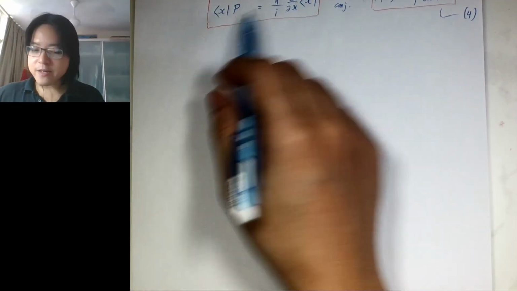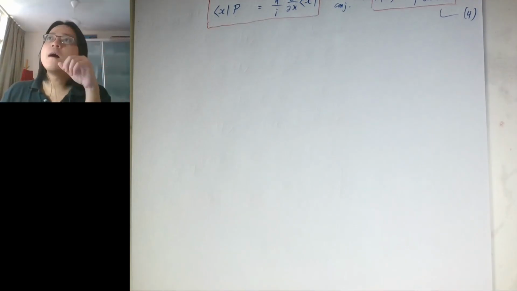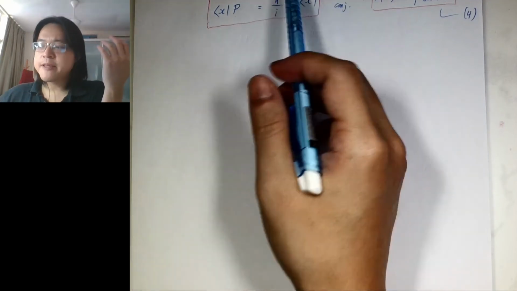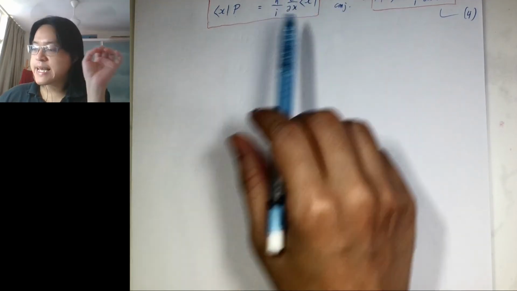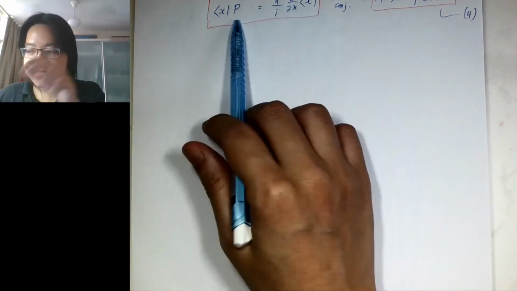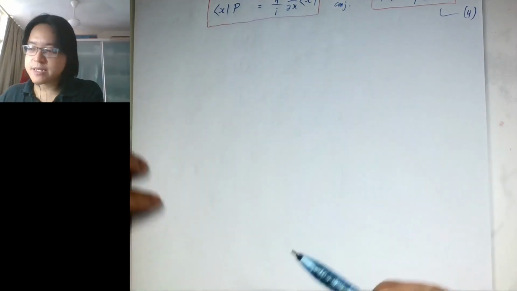Okay, so I got a couple of things now. Now the question is this. I got an operator P, and I have defined how it acts on the eigenstates of X. So these are eigenstates of X. This is P. Then how about the eigenstates of P? This is what we want to find now.